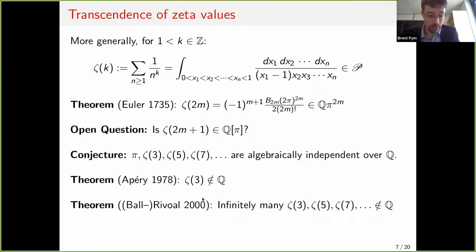More recently, the year 2000, there were some results. For instance, it is now known that infinitely many of the odd zeta values are irrational. But the funny thing about the argument is that it does not tell us which of them are irrational. It just tells us that infinitely many of them have to be irrational.